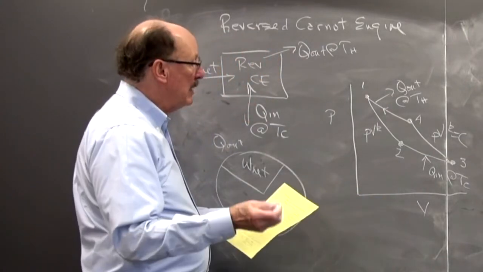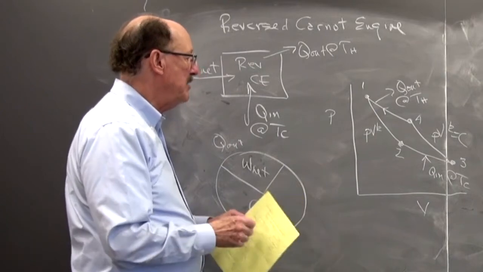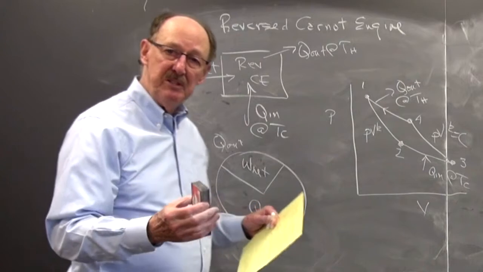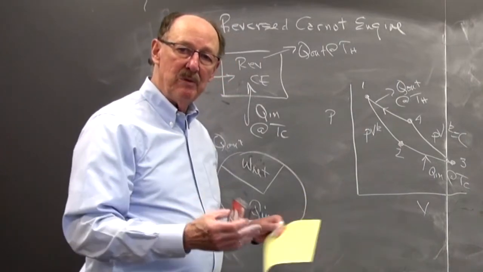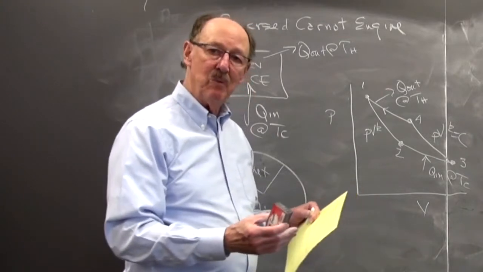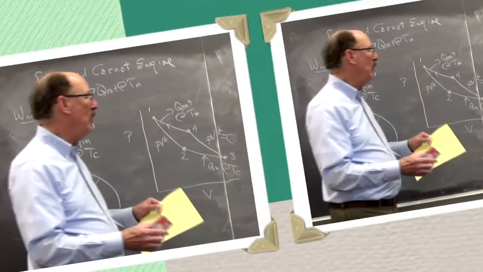And if I look at this, we're going to have another expression. We don't use efficiency for reverse Carnot engines. We use something called coefficient of performance, and we'll see why. We end up having a number greater than 1.